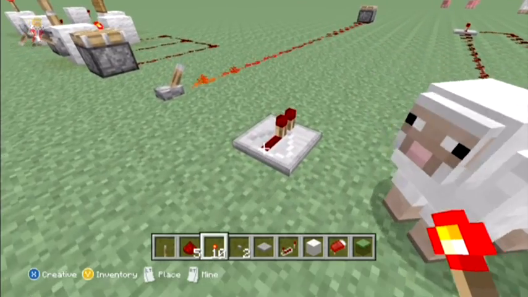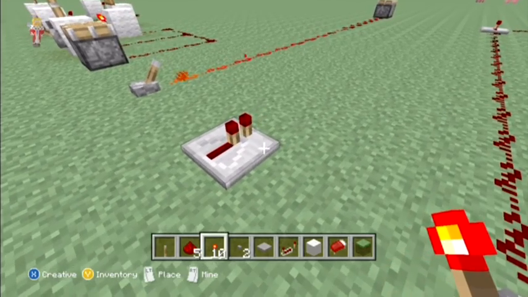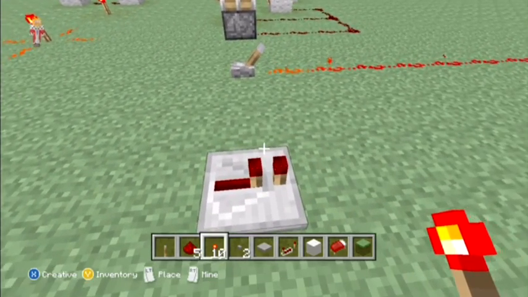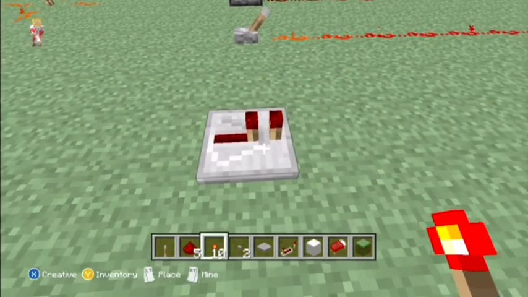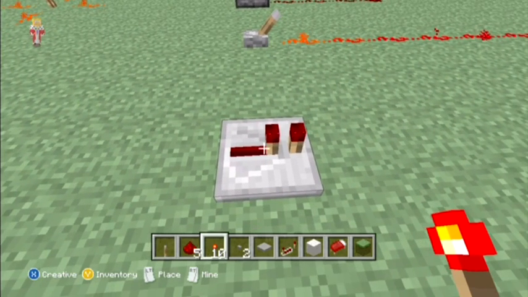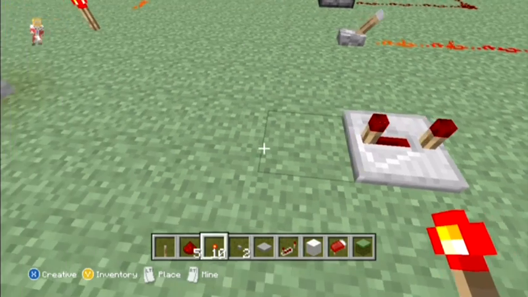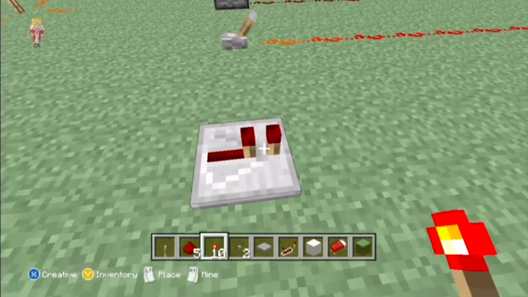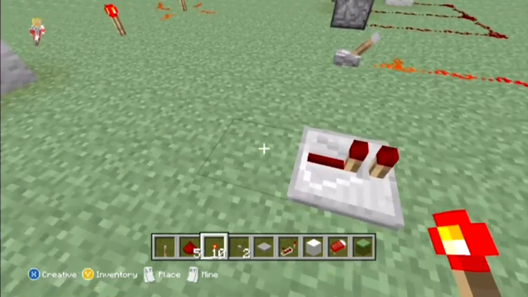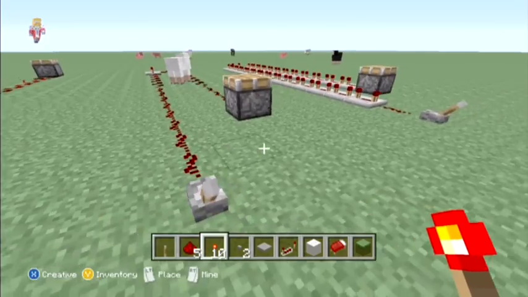But a repeater can have different states. Its default state is with the two miniature redstone torches, if you like, at its closest together. But you can move these further and further away. And the further they are away, the greater the delay is going through the repeater, delaying the signal from getting through.